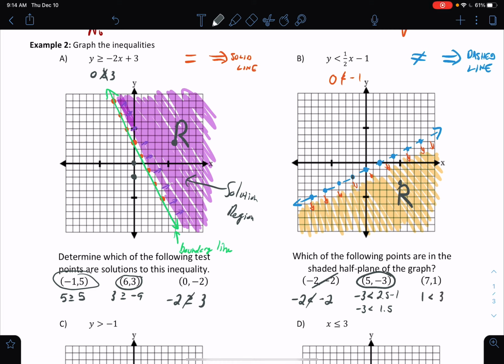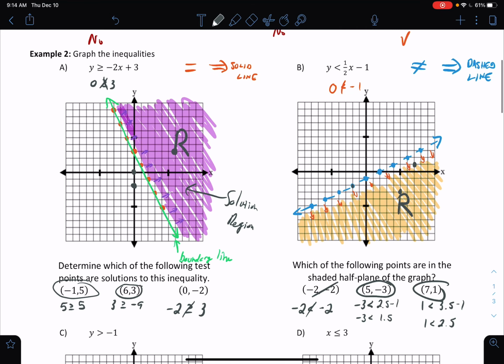Half of 7 is 3.5. 3.5 minus 1 is 2.5. 1 is less than 2.5. If I looked at my graph, 7, 1 is right here. That's in my solution region, so that works.